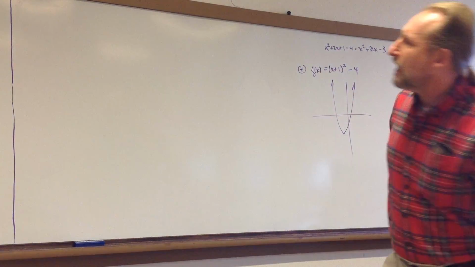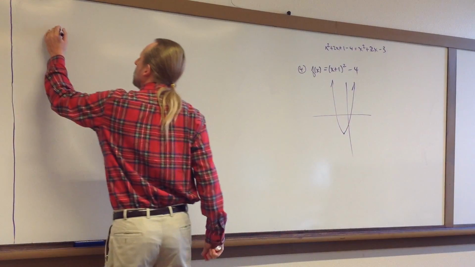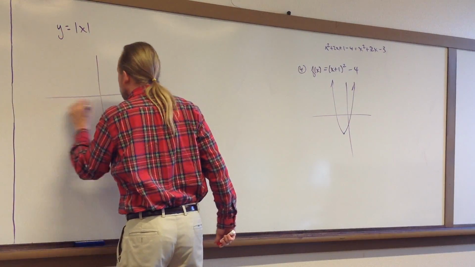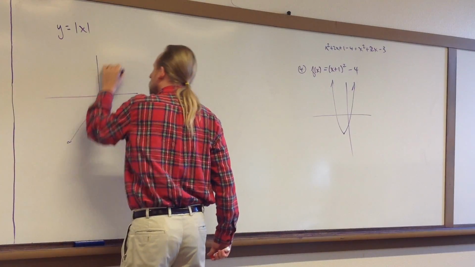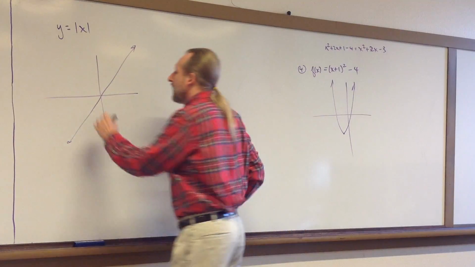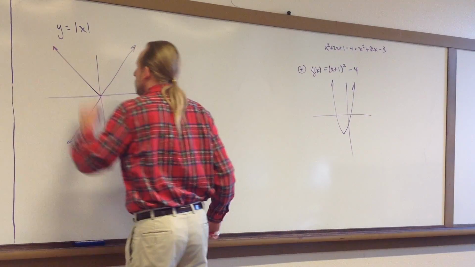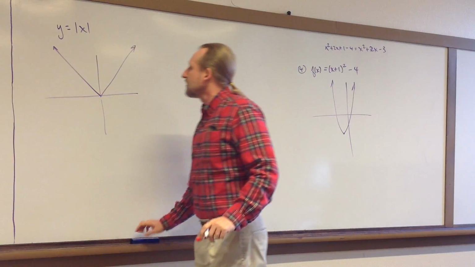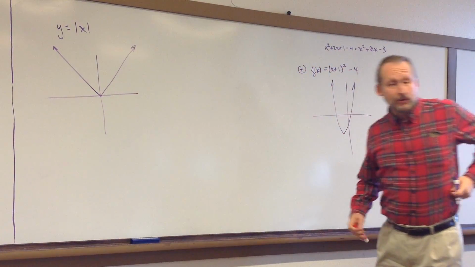The absolute value graph, so if you think about this, y equals absolute value of x, you're taking the line y equals x and you're reflecting all these negative y values over the x-axis to make them positive. So our standard absolute value graph is going to look like that.